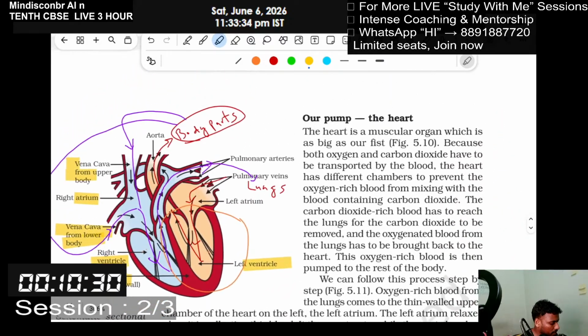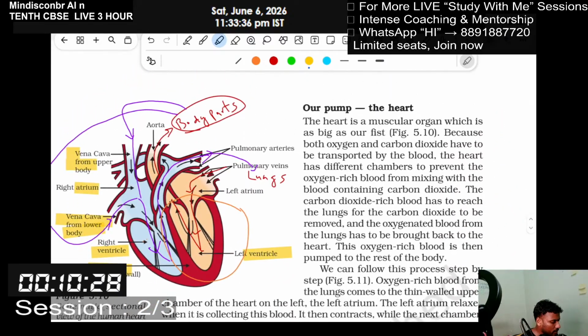Our pump, the heart. The heart is a muscular organ which is as big as our fist. The heart is only this much. The power of the heart. So small, but so powerful.